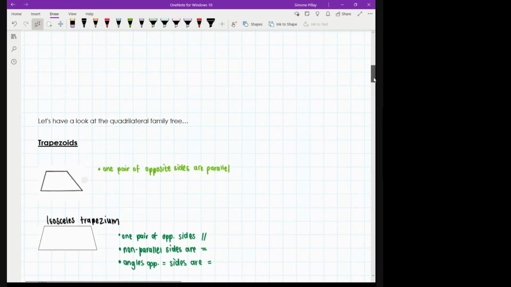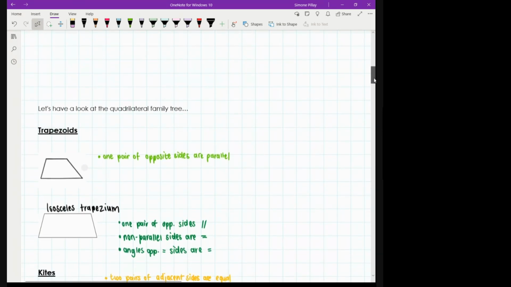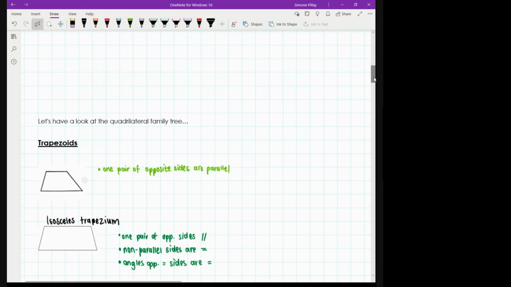You'll see there's already writing in here. Our grade 8 teacher from last year did these notes with her kids, and I just thought I'd save time by keeping her writing in. So we start with a trapezoid, or what we more commonly know as a trapezium.